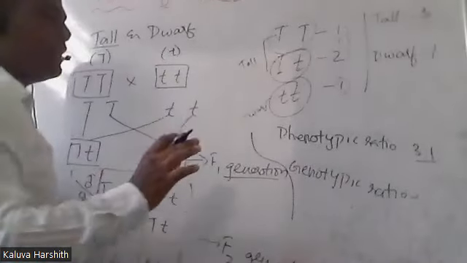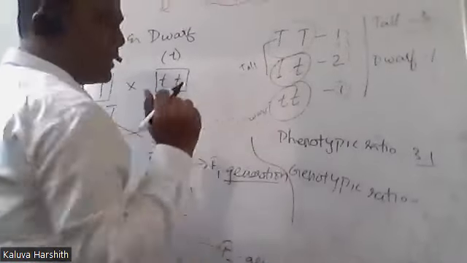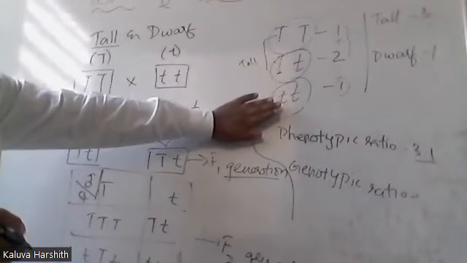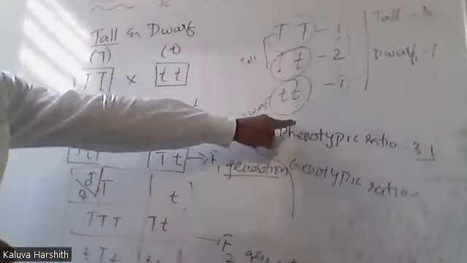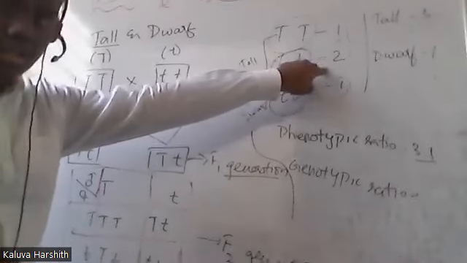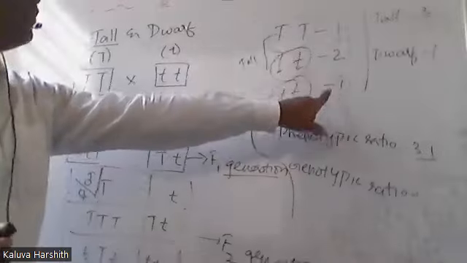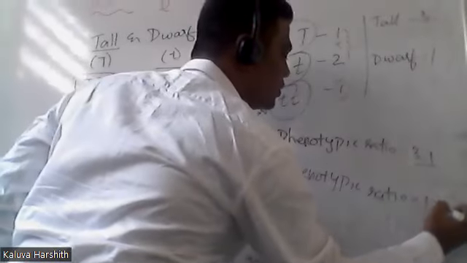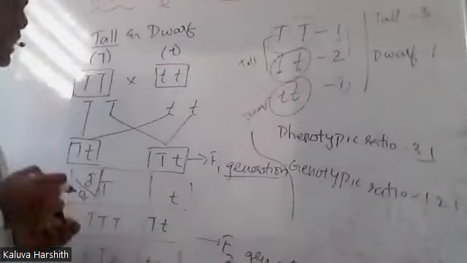Yes. Now coming to genotypic. In genotypic, we are not taking tall and dwarf. We are only taking these into consideration. So can I say one is pure tall, two are hybrid, capital T small t, and one is purely dwarf. So can I say this is a 1:2:1 ratio?